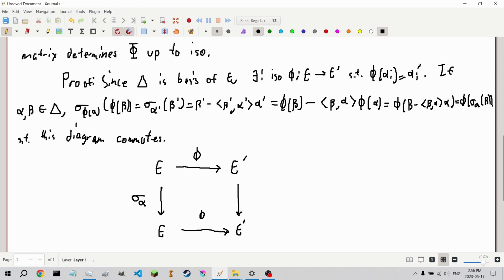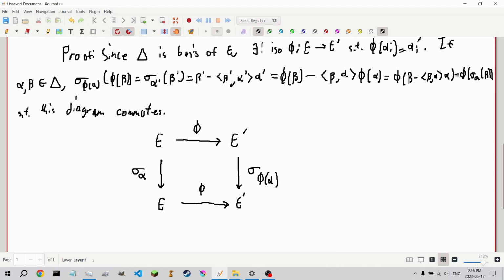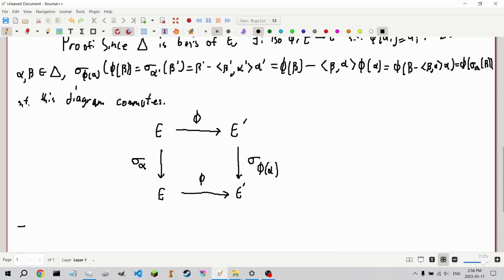And there's a corresponding map on E prime of reflection generated by the image of alpha. The respective Weyl groups, W and W prime, are generated by simple reflections.